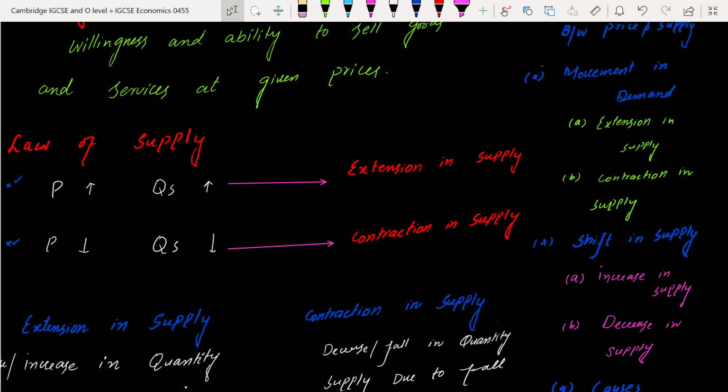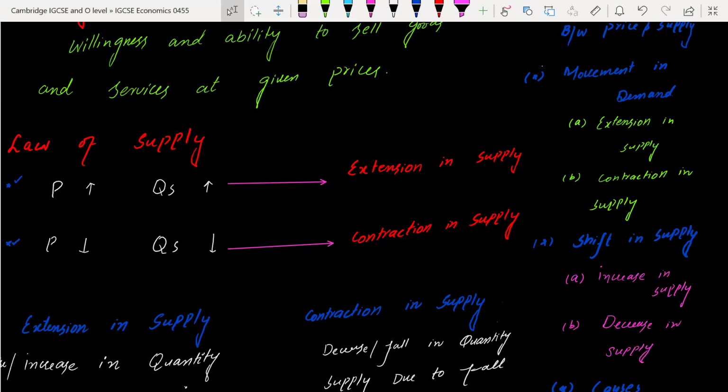When you hear the words extension and contraction, you must keep in mind that there will be interference of prices, means the change is happening in supply as well as in demand due to change in prices. So let's move to shift in supply.